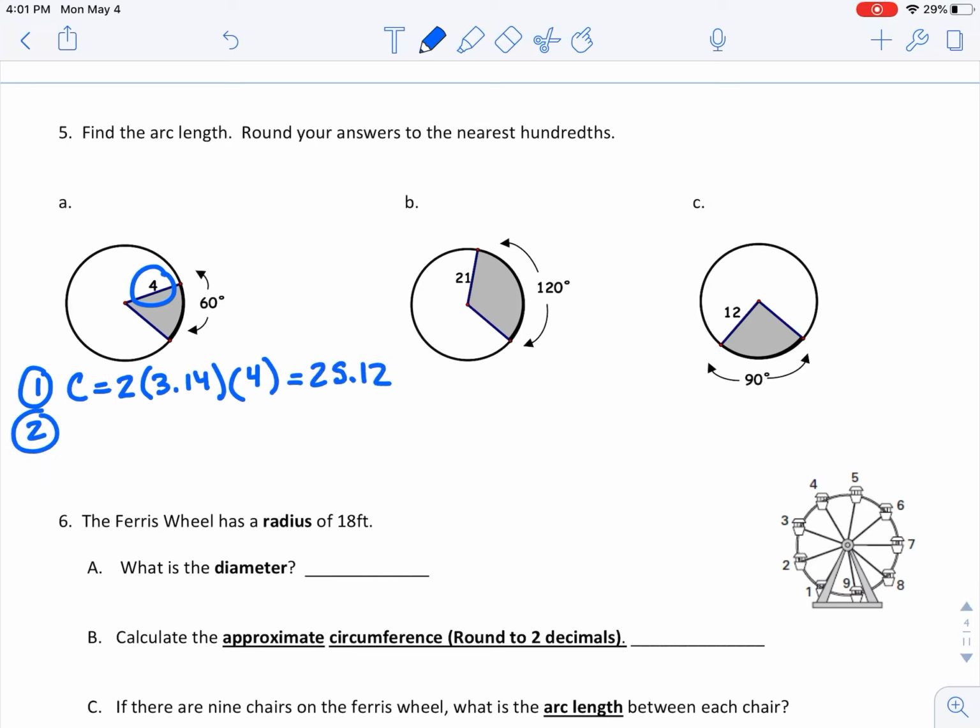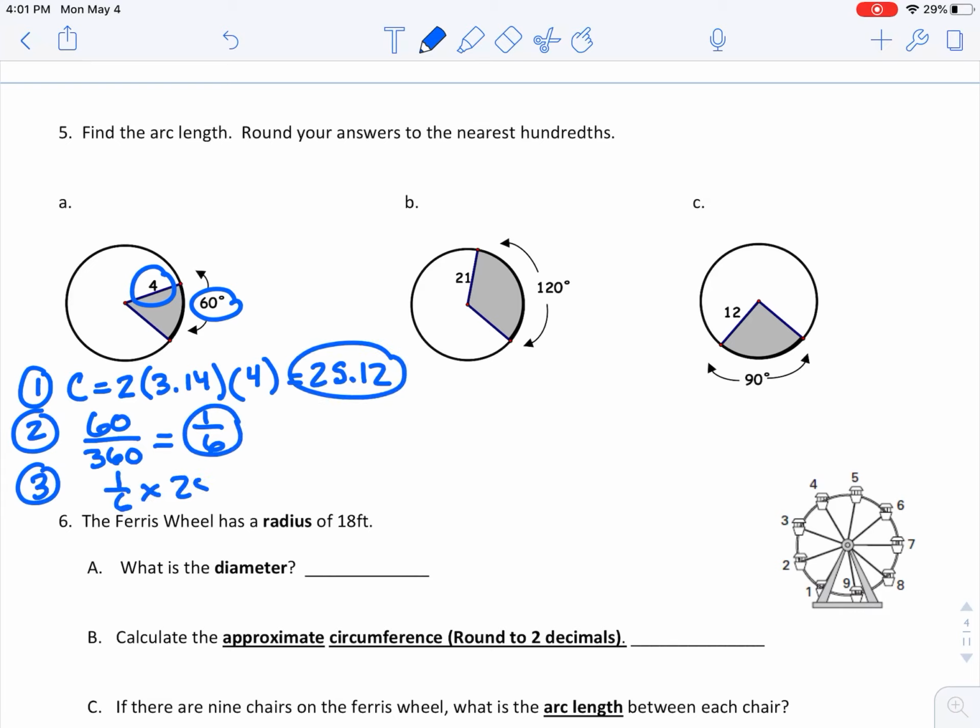Step 2, find the fraction. So I take the angle, divide it by 360, and reduce. And then step 3, multiply these two numbers together.